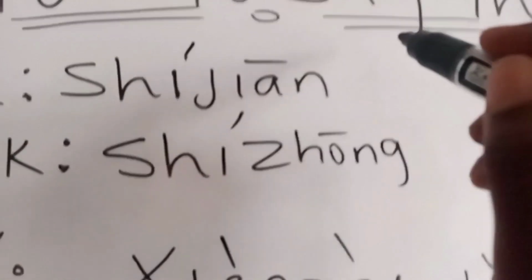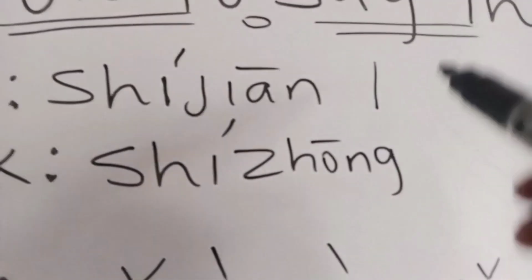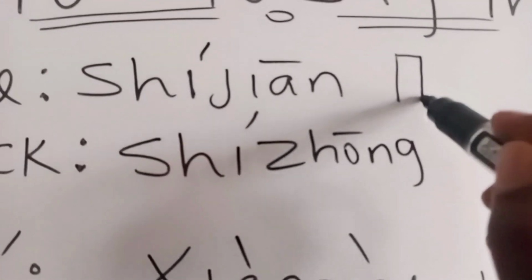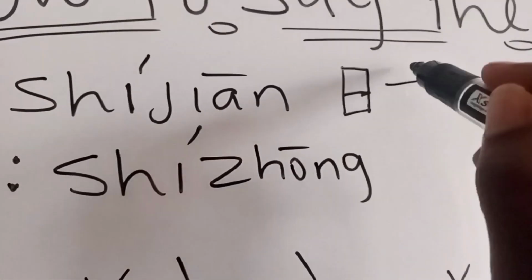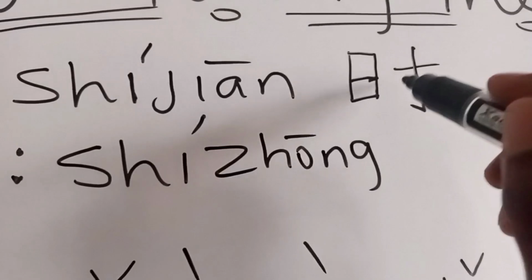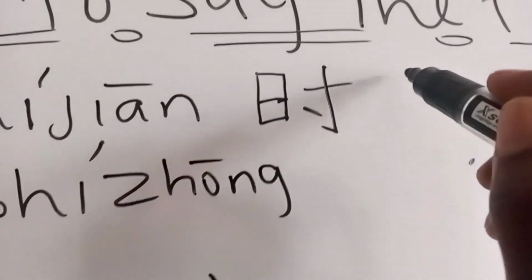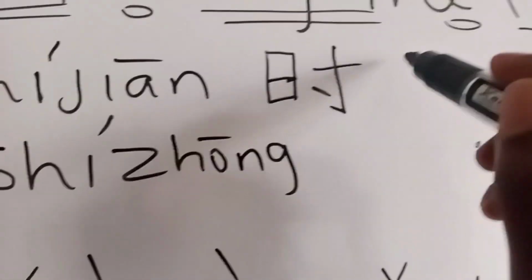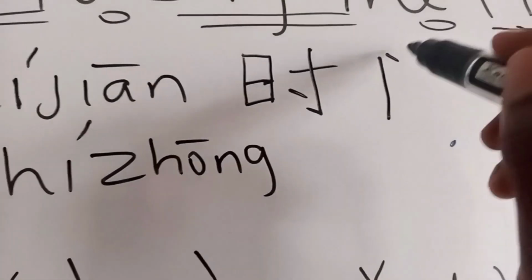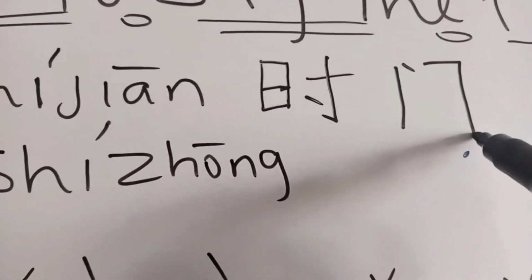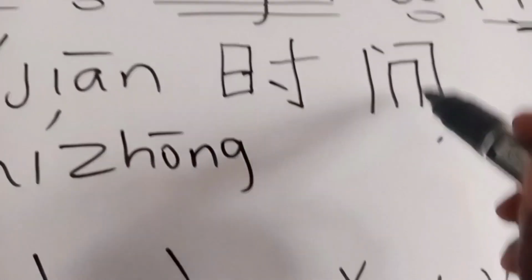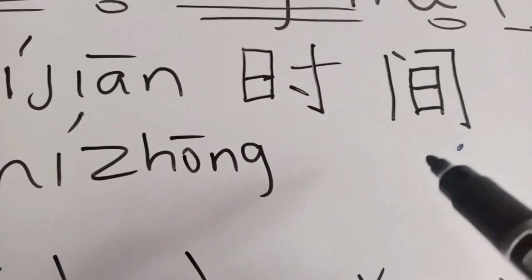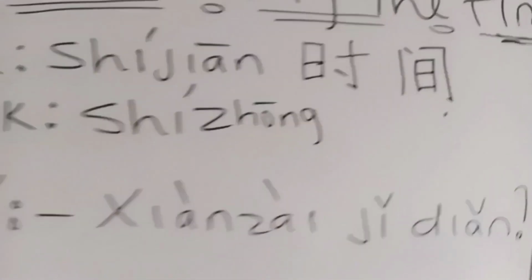This is how to write 时. Are you looking at me? You do like this. 时. 时间. You do this dot here. Pardon my writing.